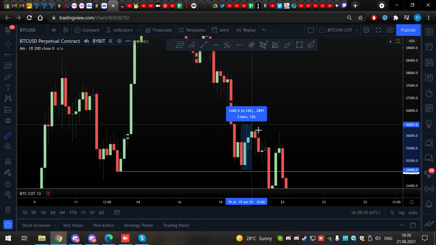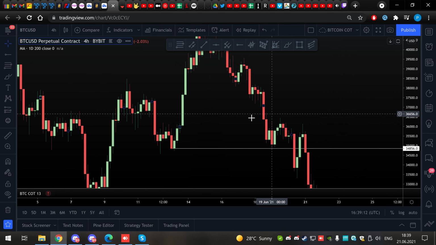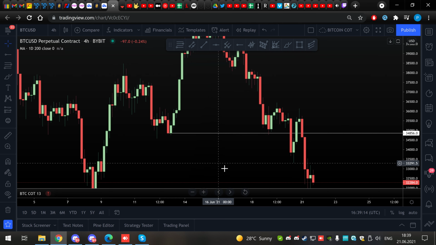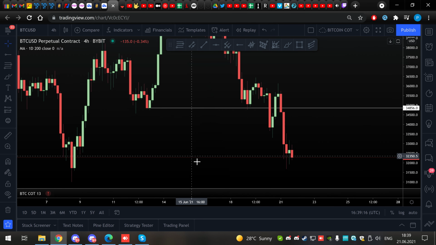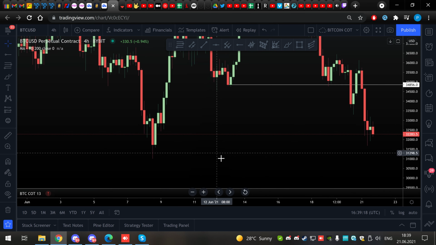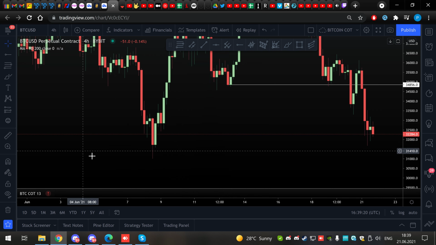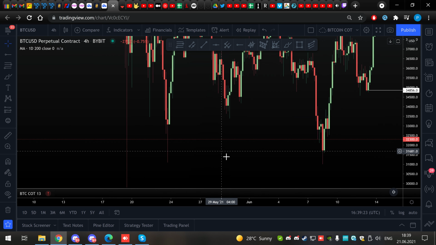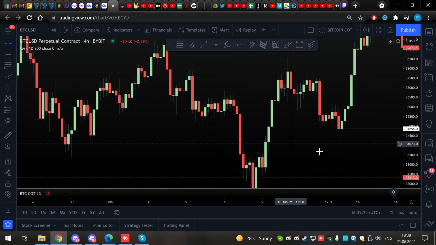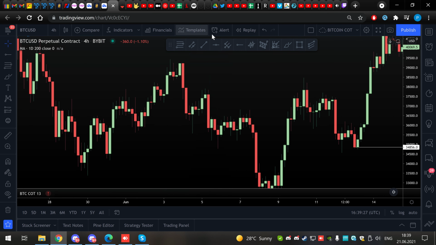I can tell you, I was not using these 4 hour supports so much, with the same strategy as daily, but they seem to be really nice. So I might start using it. I was using this one, not this one. Yeah, because I can see that it's really nice.